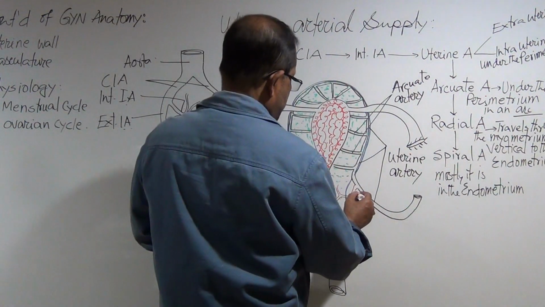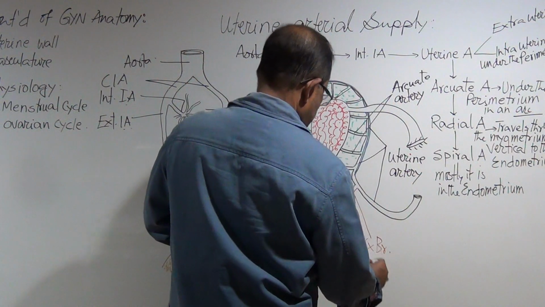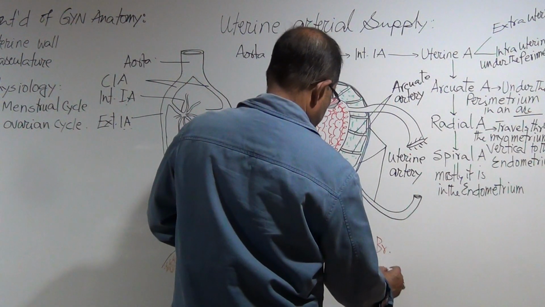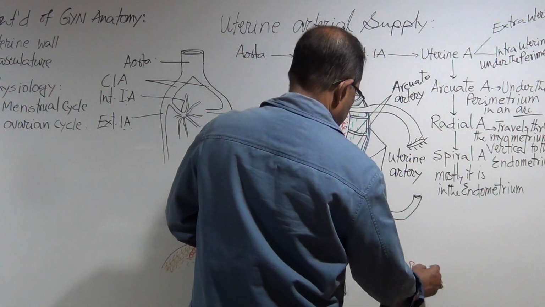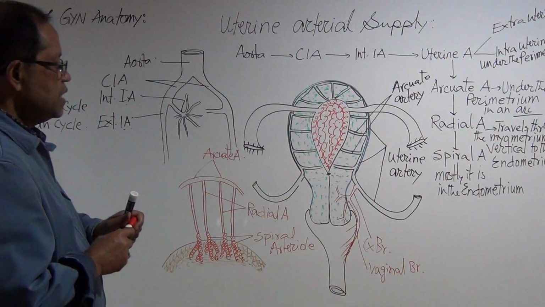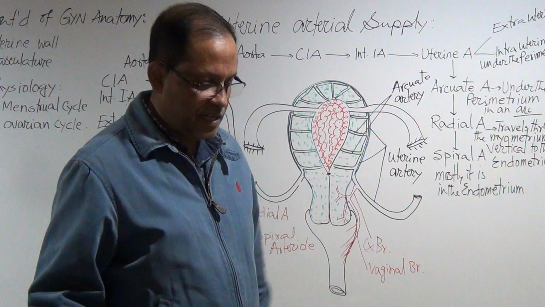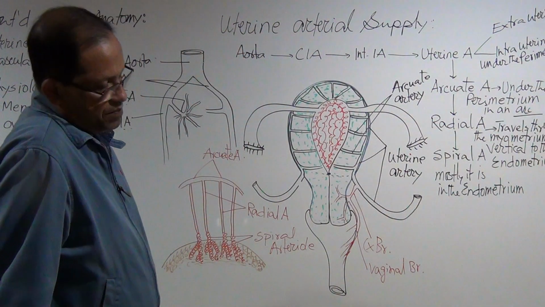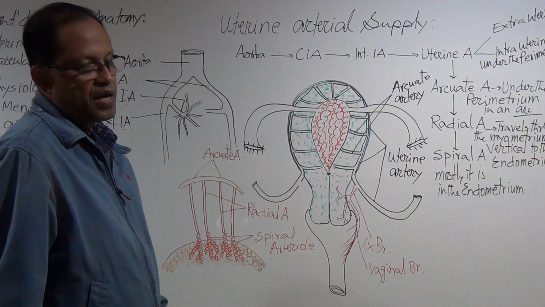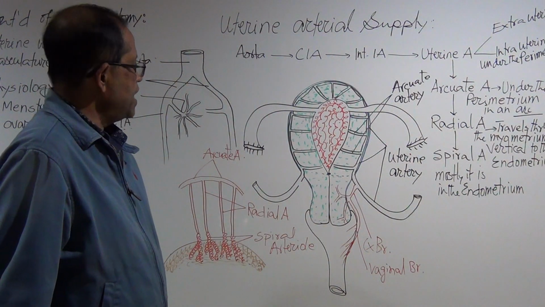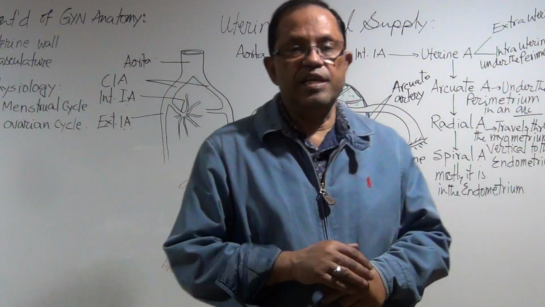This is cervical branch, CX branch, and this is vaginal branch. Okay? So as a whole, these organs are very well supplied with arterial blood because their demand is very high. Okay, so this is arterial supply.